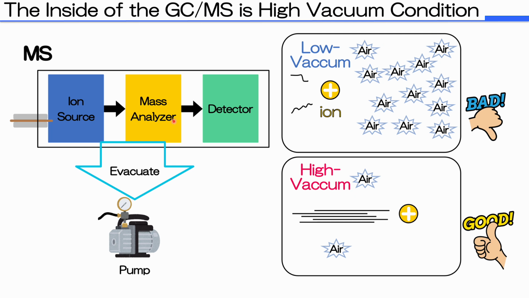Compounds to be detected are ionized at the ion source, but if air exists inside the MS, ions will collide with air and become undetected. As shown in the figure below, high vacuum needs to be created so that compounds, or you can say ions, are detected without being affected by disturbances.